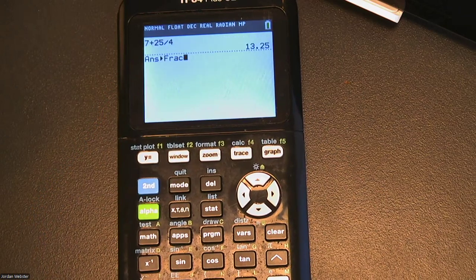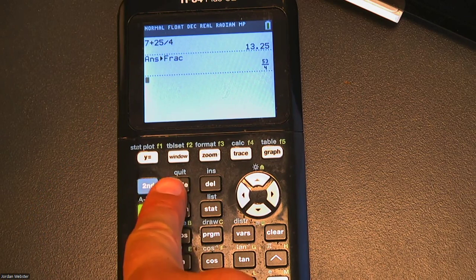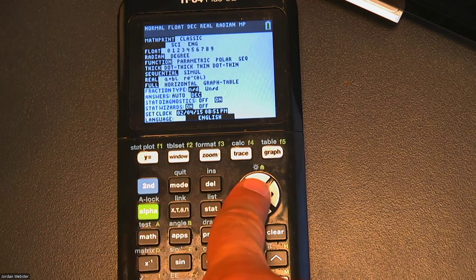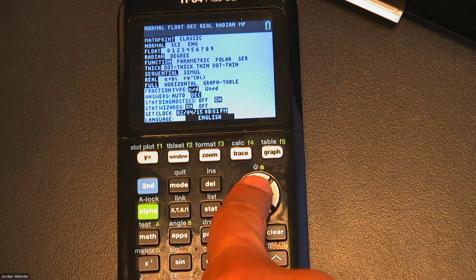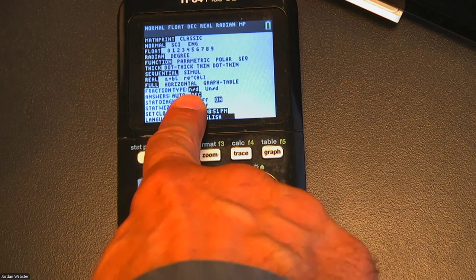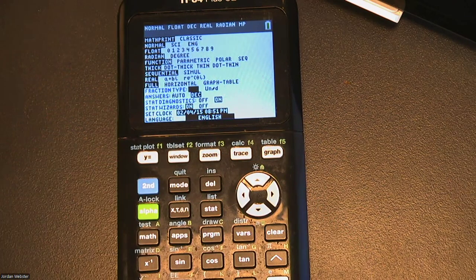Now, the way my mode is set up, it's going to give me the improper fraction. So it's going to give me the 53/4. That's because my mode is such that down here where it asks me for my fraction type, I have it set to n/d, which is the improper fraction.